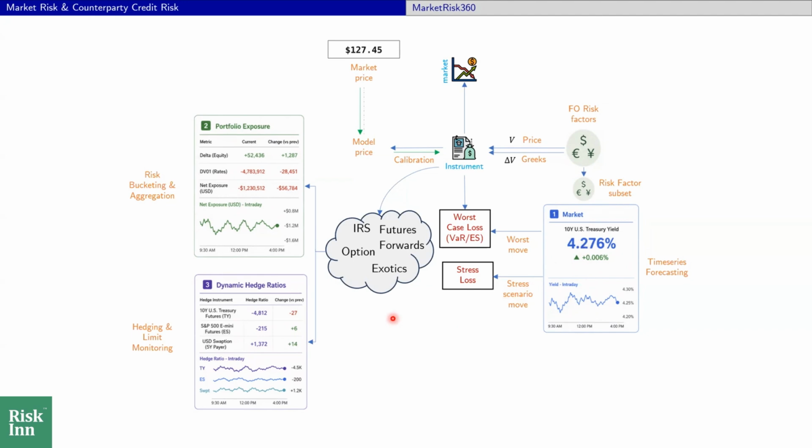Okay. All right. Now, let me take you through an actual end-to-end example for just interest rate swap. Interest rate swap is such a beautiful instrument, and also very important, because a lot of the things that you see in the interest rate world come to life in the swap.